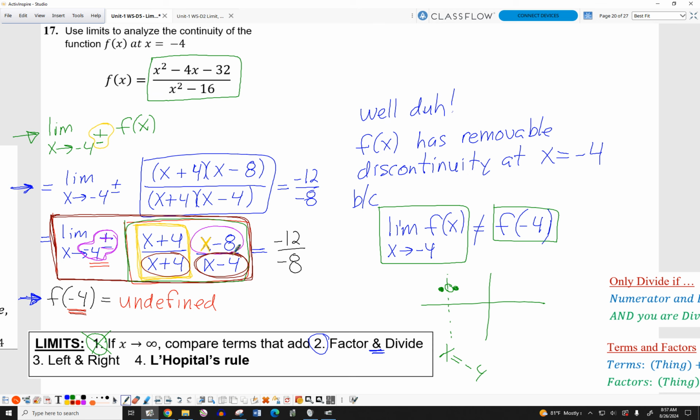I was trying to save you a little writing. From experience, I can tell you that if you start with a single formula, about 99% of the time in this class, the left and right limits will be the same. There's a few exceptions, they're just not very common, so I'm still being careful not to miss it if there is an exception, but you could do the same thing.